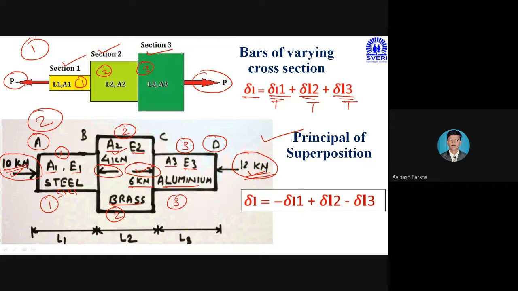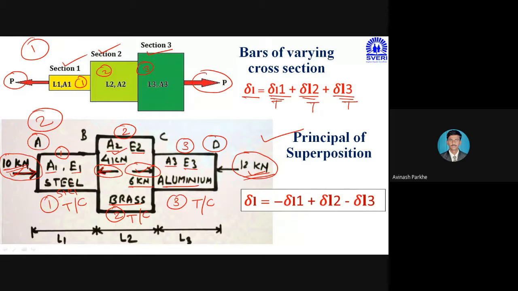Means whether section number 1 is subjected to tension or compression, whether section 2 is under tension or compression, or whether section 3 is under tension or compression. According to the figure in front of you, if you think about section number 1, this 10 kilonewton force is applied from the outside direction and this 4 kilonewton force is applied from the internal side.